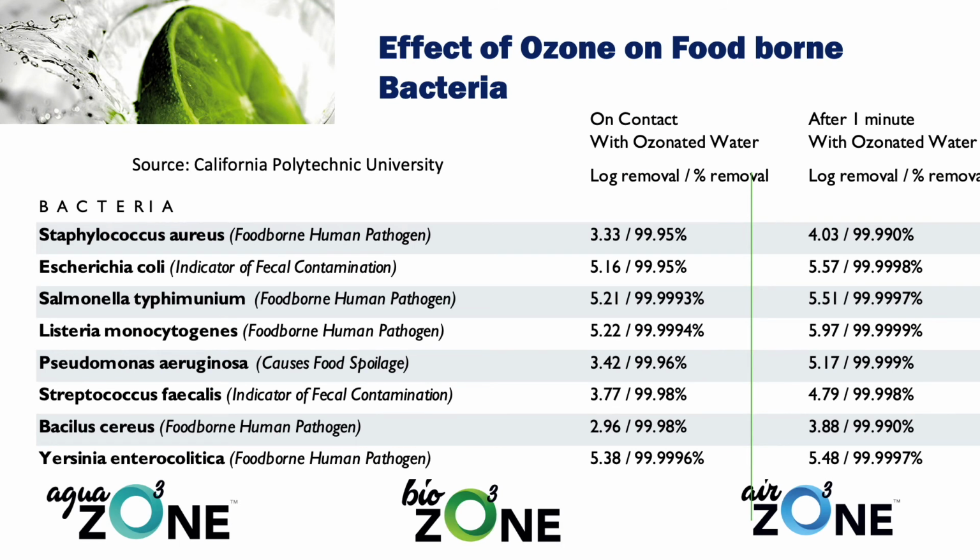And then if you look at this list of bacteria found in food which cause problems: Staphylococcus, E. coli, Salmonella, Listeria, Pseudomonas, Streptococcus, Bacillus cereus, and Enterocolitica, all well-known bacteria that any hygiene expert or food processor will tell you they worry about.